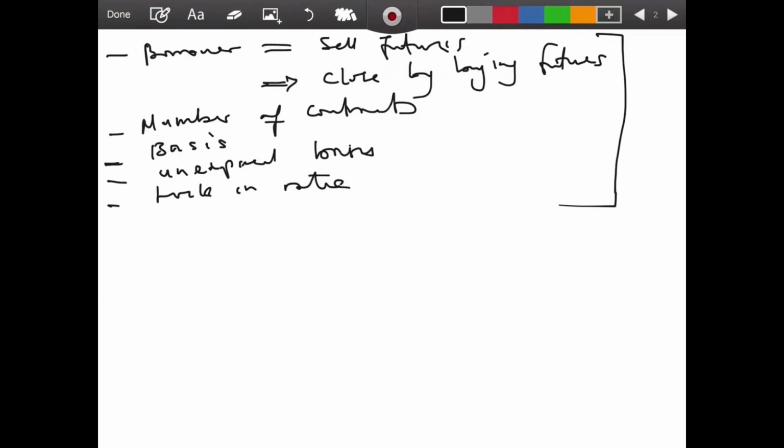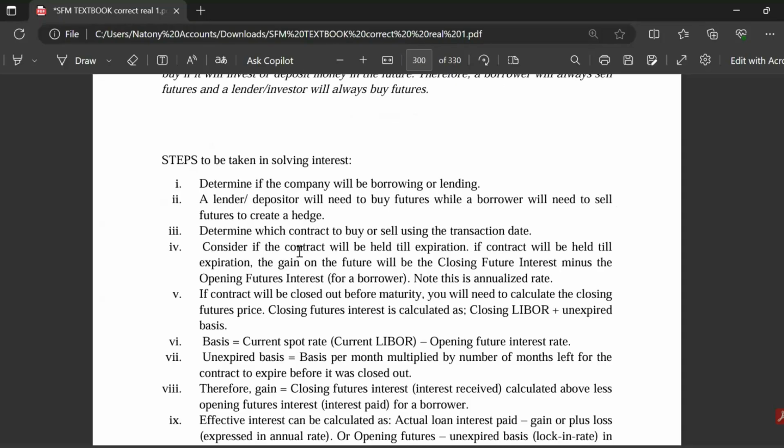So we'll be looking at a simple question. Before we go to the question, let me share the steps. The first thing, determine if the company will borrow or if the company will be lending.